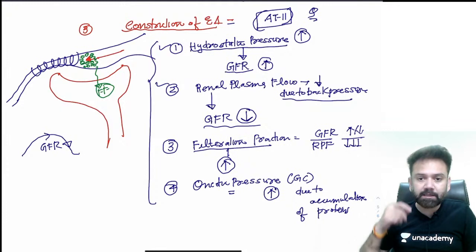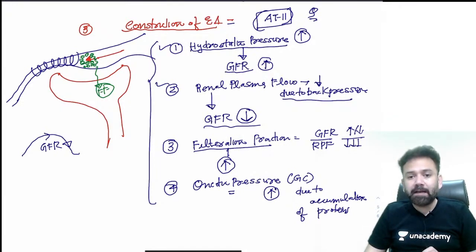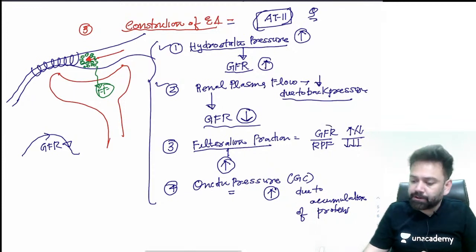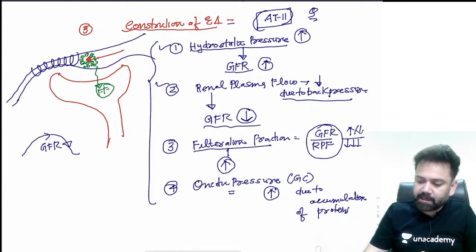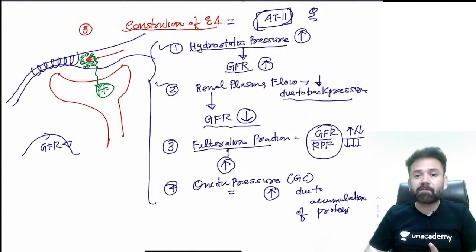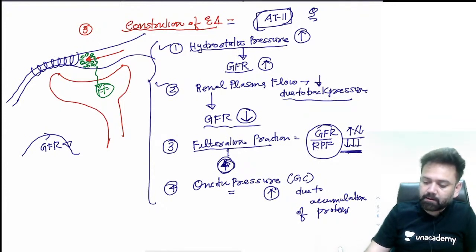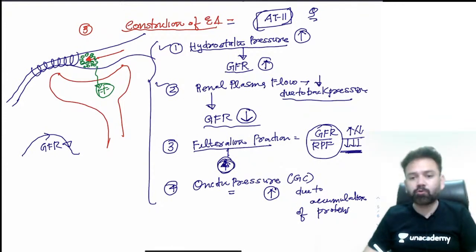Filtration fraction is equal to GFR upon renal plasma flow. As we have discussed, GFR will first increase and then decrease, but renal plasma flow always decreases due to back pressure. So the net resultant will be an increase. So filtration fraction is going to increase.